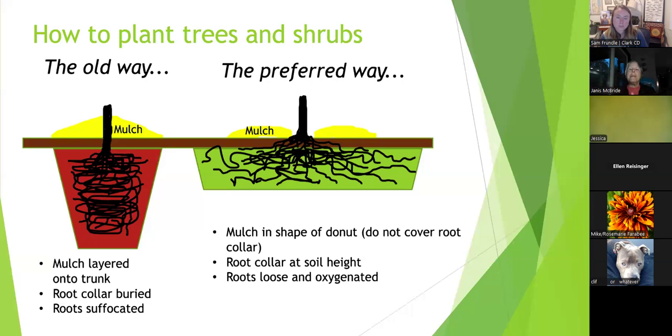So we're trying to mimic that more natural way of the root structure when we plant. We have a whole class called Sustainable Landscaping where we describe these types of things even more. But because this is supposed to be focusing on integrated pest management, I'm just going to breeze past this.